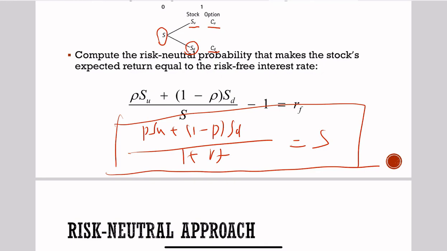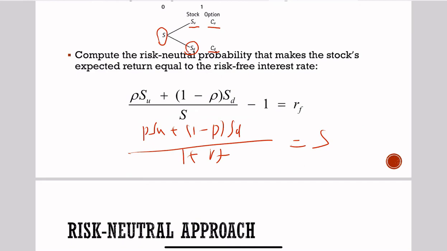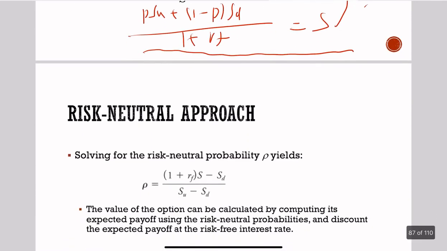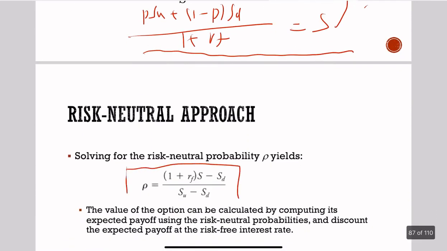But obviously you can see that this approach and this approach, they're the same, right? So you can see that this could help us to solve the risk neutral probability, which is 1 plus the risk-free rate times the share price minus the down price, divided by the up price minus down price.